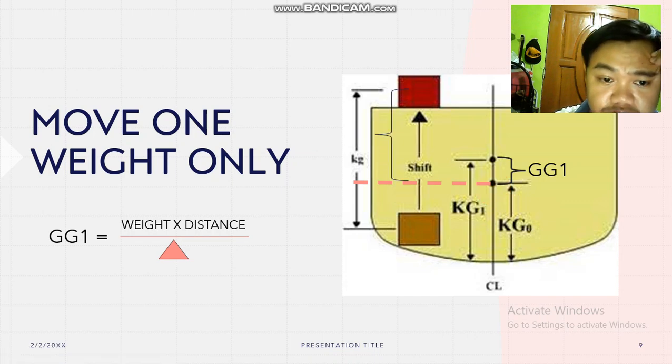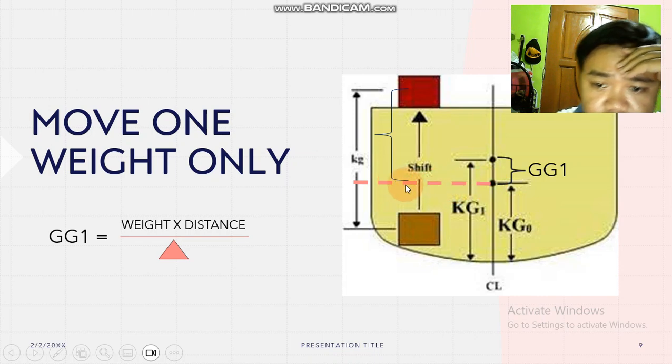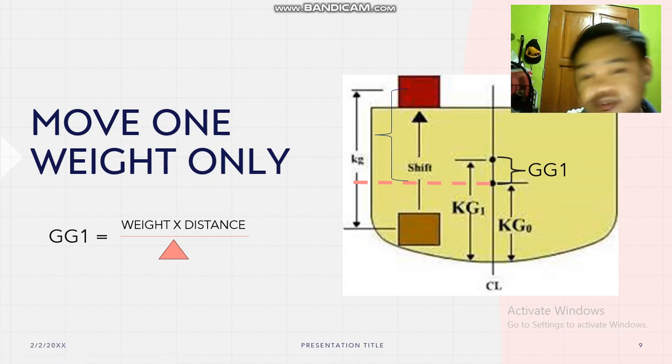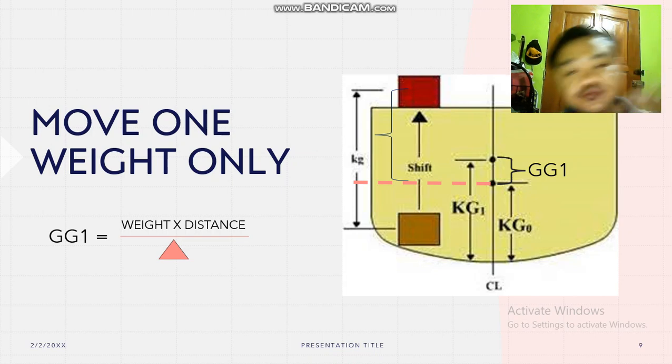The distance in our formula is the vertical distance from the old KG, I mean the old center of gravity, to the weight that has been shifted, loaded or discharged. Because you can use this formula in different conditions: loading, shifting, or unloading.